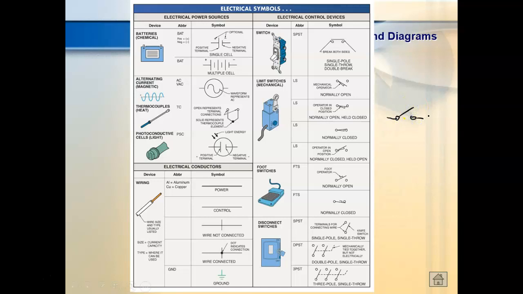Notice one side is connected all the time. If you ever tore a light switch apart, you'd see that one side is connected all the time, and what you're doing is you're switching one side. The symbol of a double break would be the one they've got, where we have two contacts, and it shows it's setting up like this. So this is a single break, and this would be a double break.